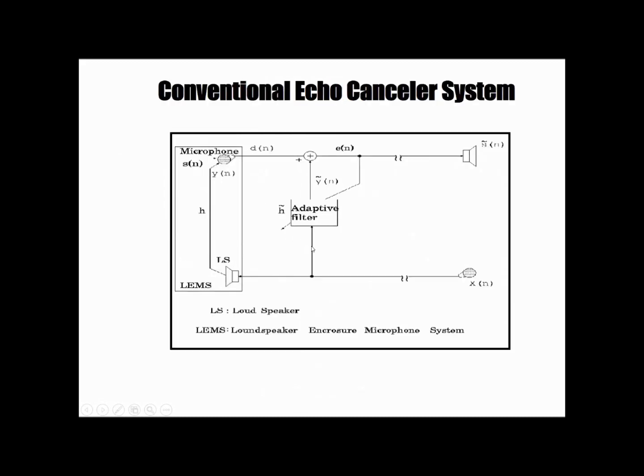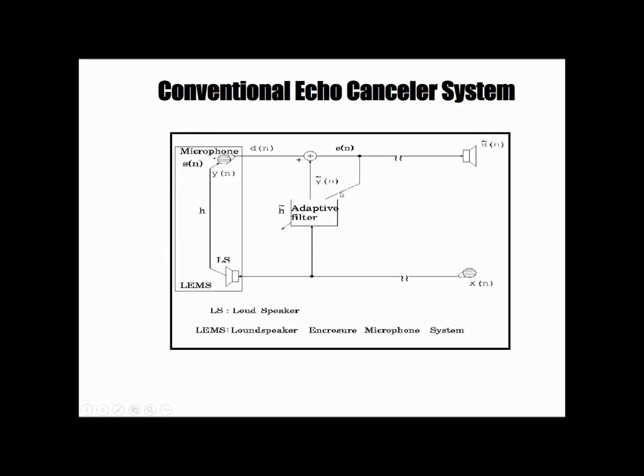Here I'm showing you, for instance, this is the microphone, and here it goes to the speaker, and then after reverberation on the wall of the near end room, it returns to the microphone and goes to the far side, and then this person will listen to their own voice, which is annoying.